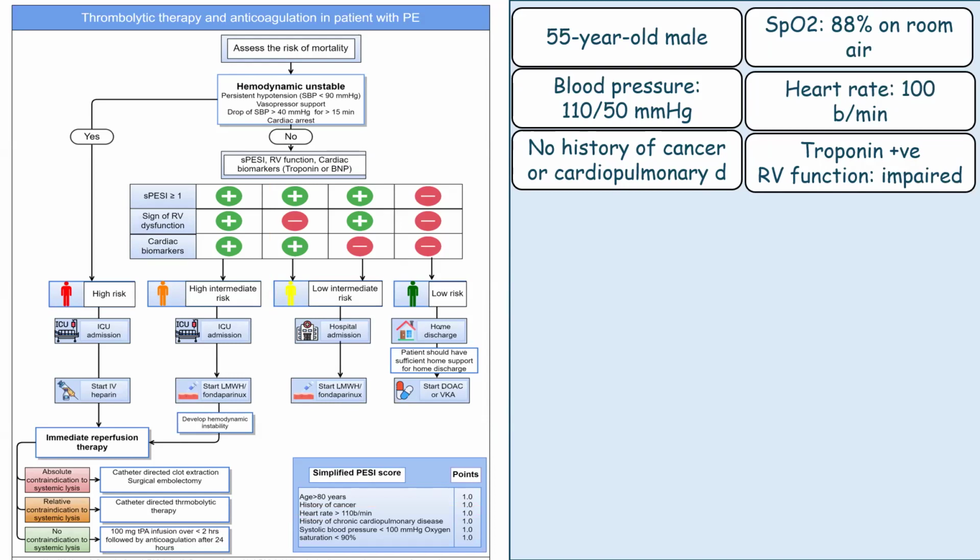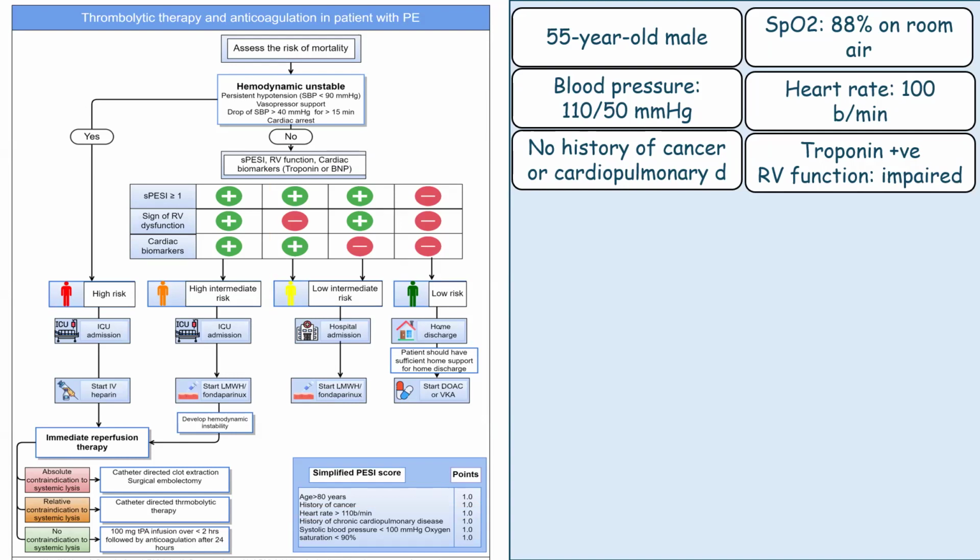The third patient is a 55-year-old male, hypoxic on room air, blood pressure and heart rate are okay, but both troponin and RV function are impaired. Troponin is positive and RV function is impaired.